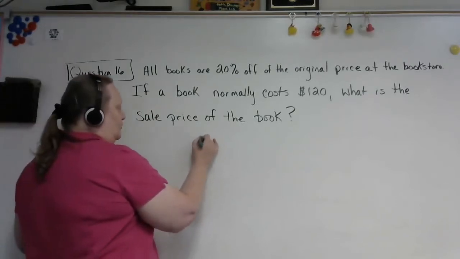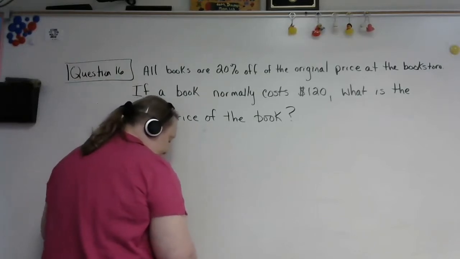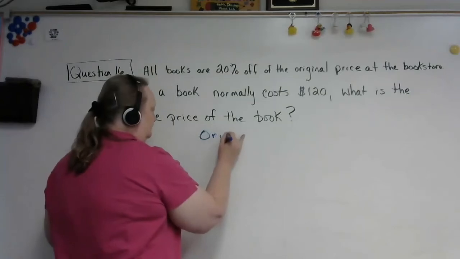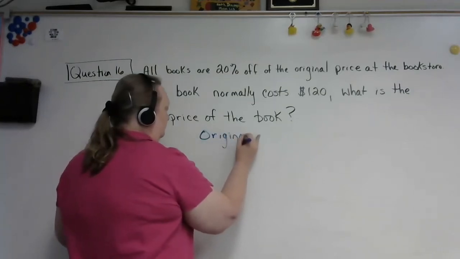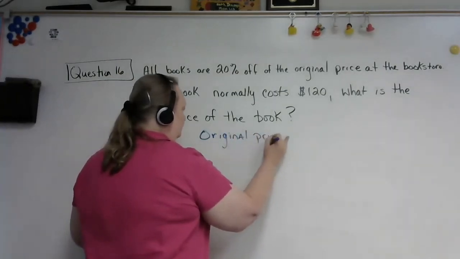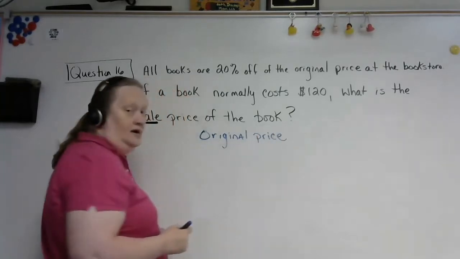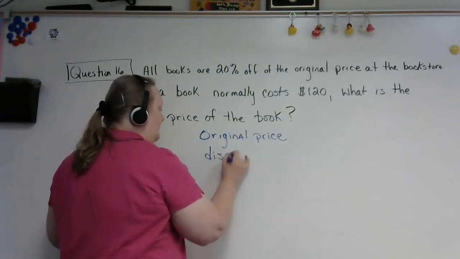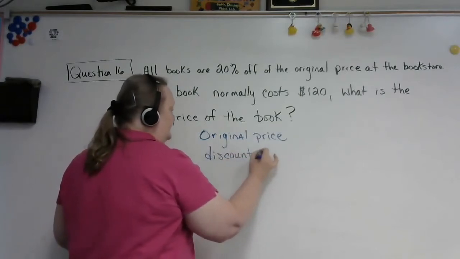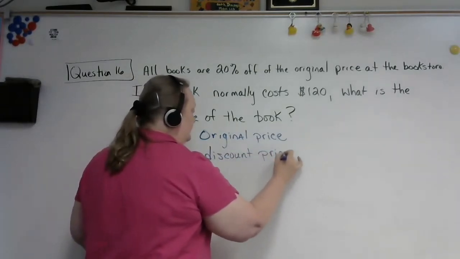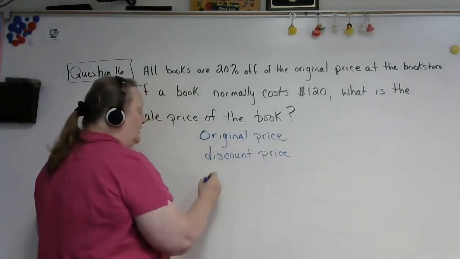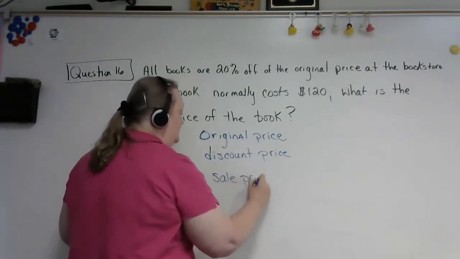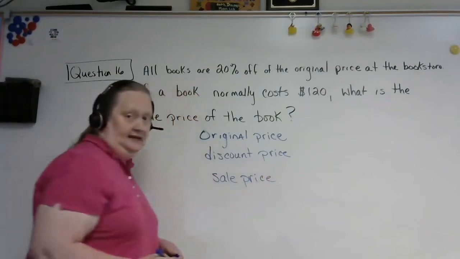So we have an original price. They're going to give us a discount. They're going to take some money off of the price, and then they're going to give us a sale price that's a reduced price that saves us money.